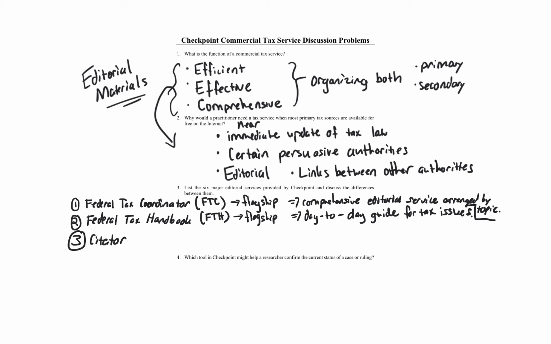Now, each commercial tax service has their own citator, but Checkpoint calls their citator the citator. And the purpose of the citator is that it checks the status of certain tax authorities to make sure that they are still good law.